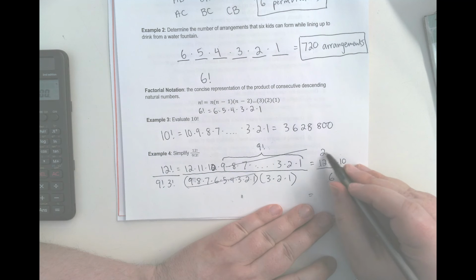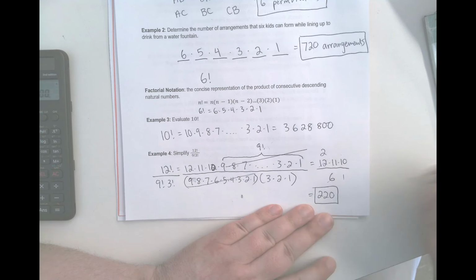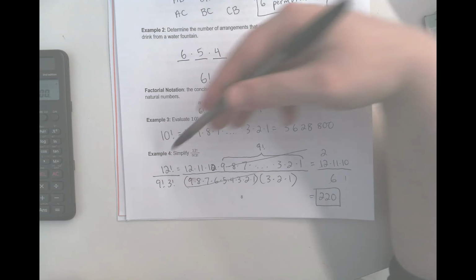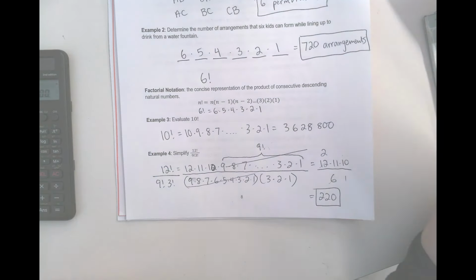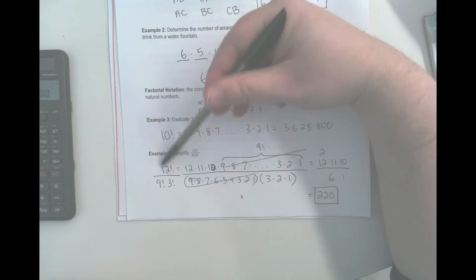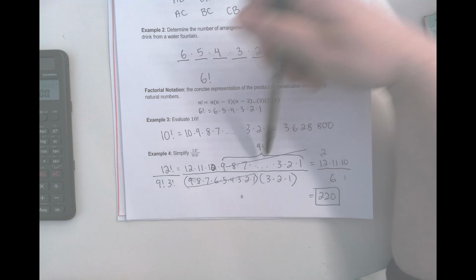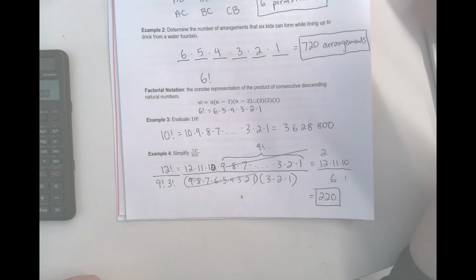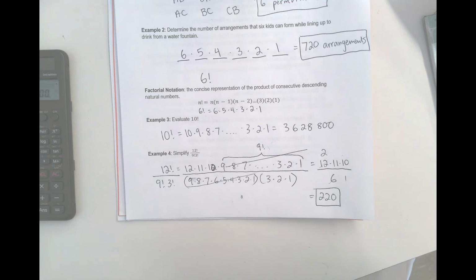When you multiply this out, 2 times 11 times 10, well, this is 22 times 10 is 220. But the important thing to realize in this example is even if you don't have access to a calculator, you can break down bigger factorials into smaller ones and then cancel stuff out with stuff that is in the numerator and stuff that is in the denominator.